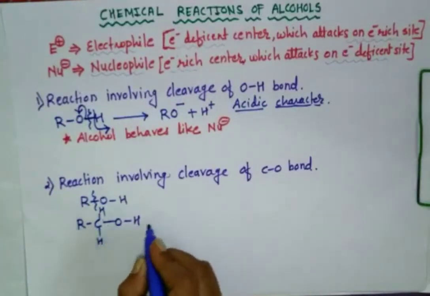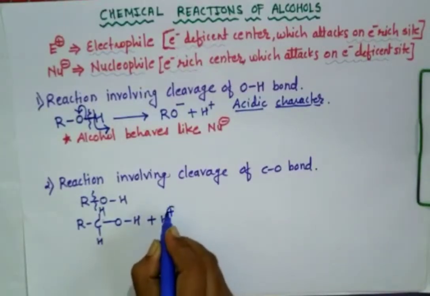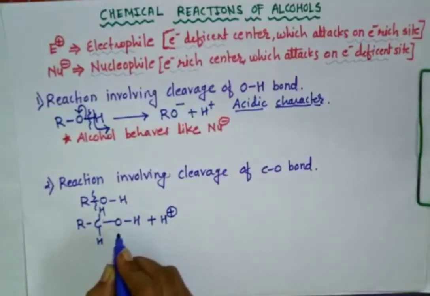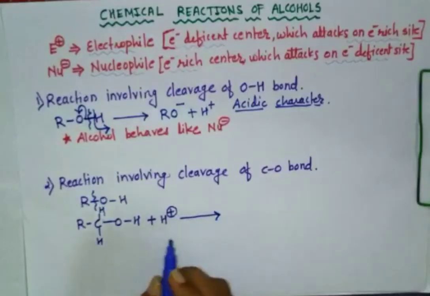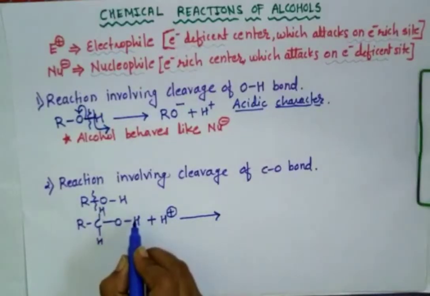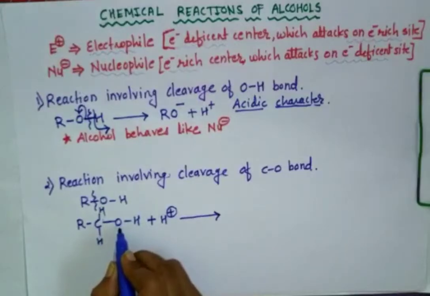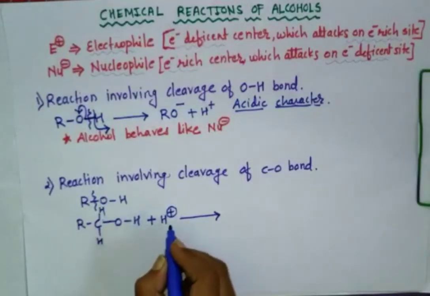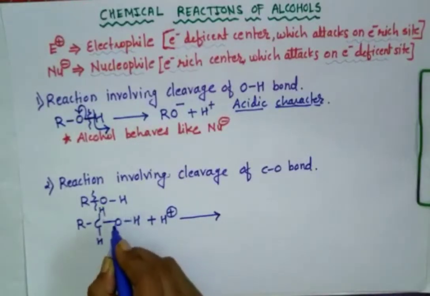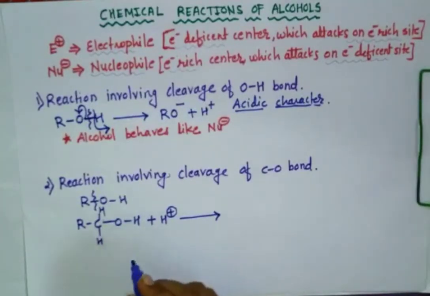Breaking of this bond is possible only with protonation. Protonation is mandatory when we are showing a breaking of the CO bond. Otherwise the OH group will not go as a leaving group so easily. When there is protonation, it is converted into a protonated alcohol, and the leaving group is removed as a neutral water molecule.